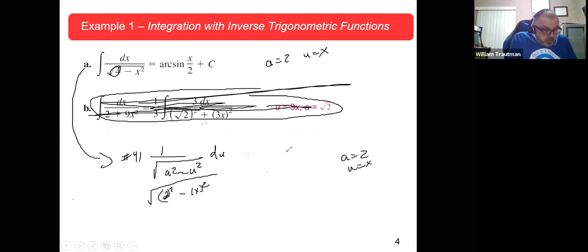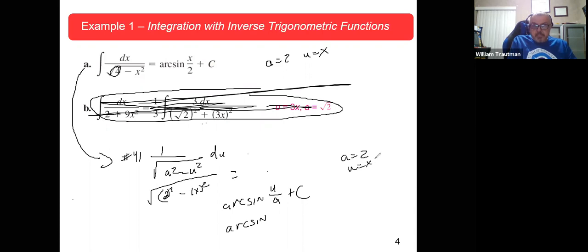So when you go to number 41, all you do is plug in the formula. The answer is arcsine u over a plus c. So arcsine, u is x, a is 2, plus c.